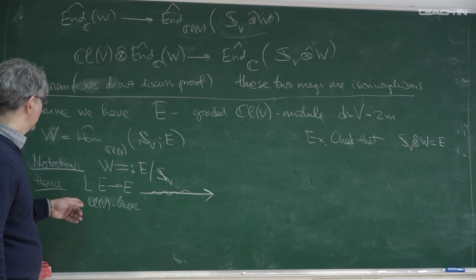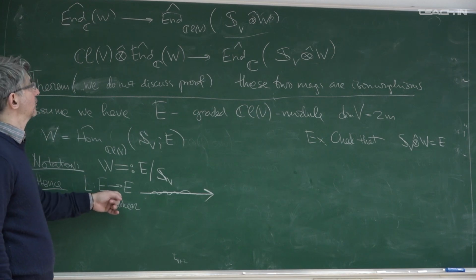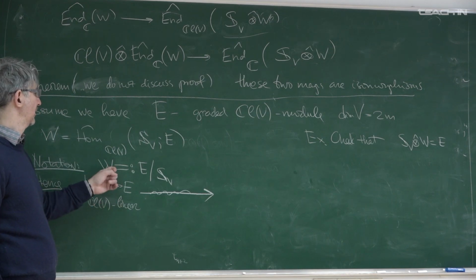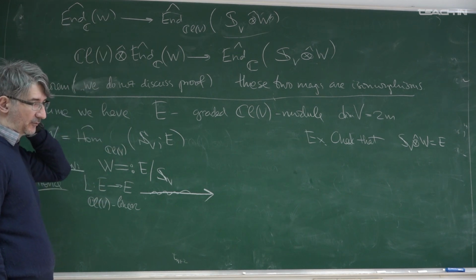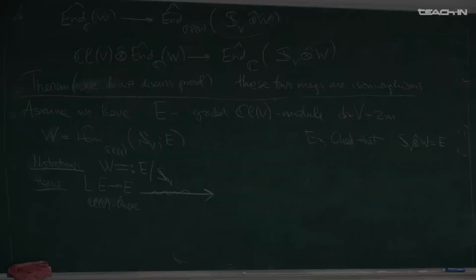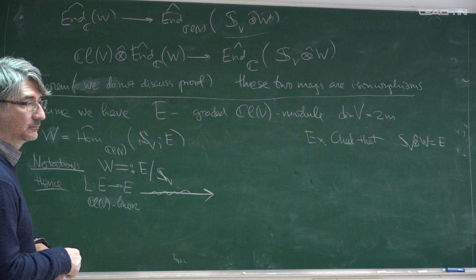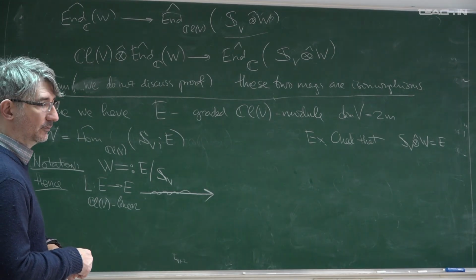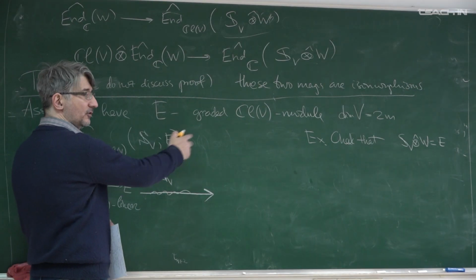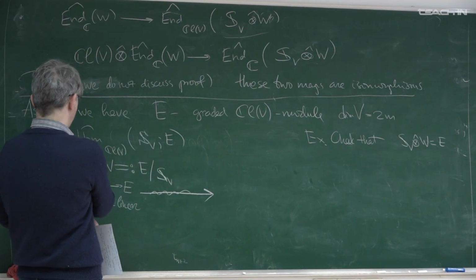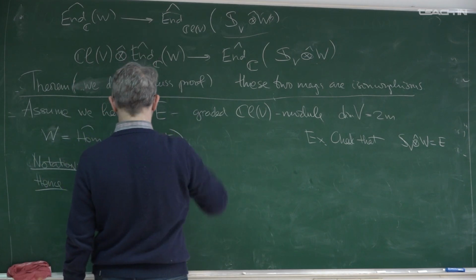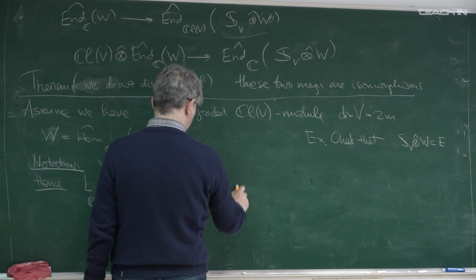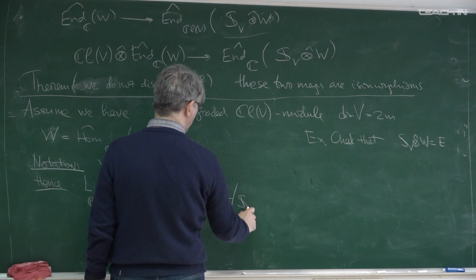If we have Clifford endomorphisms of this thing, what can we say about the map of V using one of these two isomorphisms on the top? We use the first isomorphism. If you can map E to E, then you have a map from W to W. And this is a bijection. That's why we have a map which is denoted in this way.